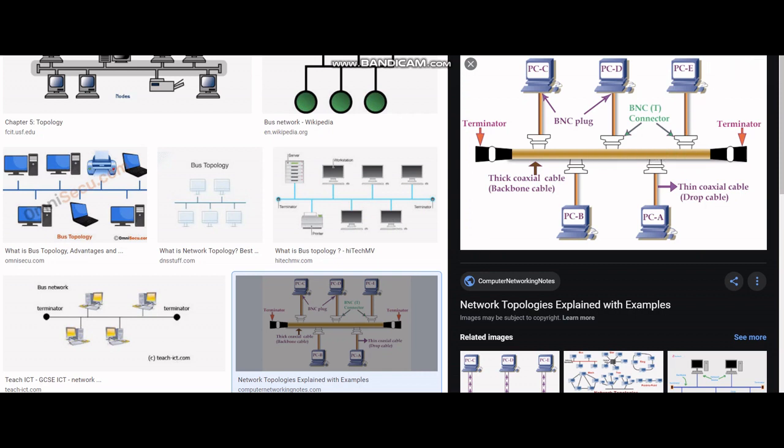Today I'm going to go over network topologies, and the first one I'm going to talk about is a bus topology. So bus topology, as you can see on the screen, basically a bus topology is a network type in which every computer and network device is connected to a single cable.